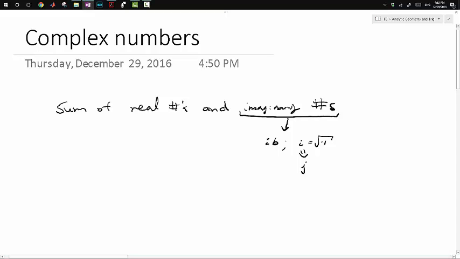So in rectangular form, it'll be a plus jb, where a is the real part and jb is the imaginary.